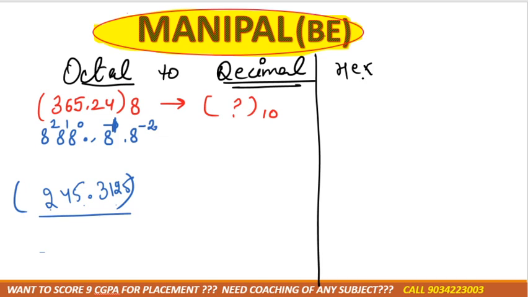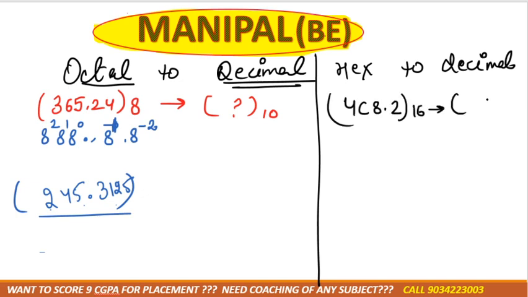Okay? Now the next case, similar. Now we need to convert from hexadecimal to decimal. So this is the number 4C8.2. It is in hexadecimal form. You need to convert it into decimal form. Okay, so the steps are the same.